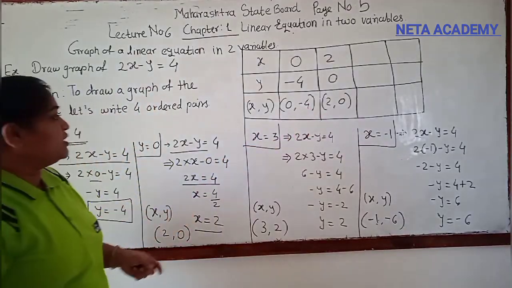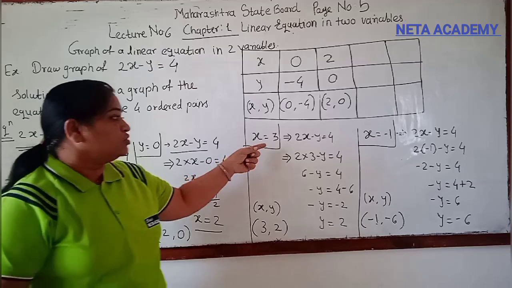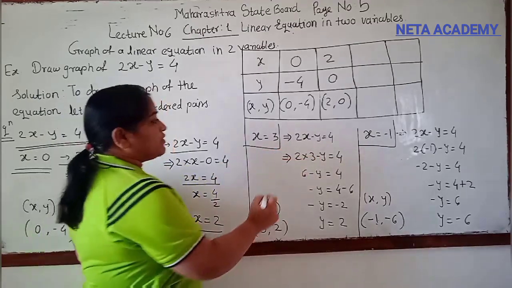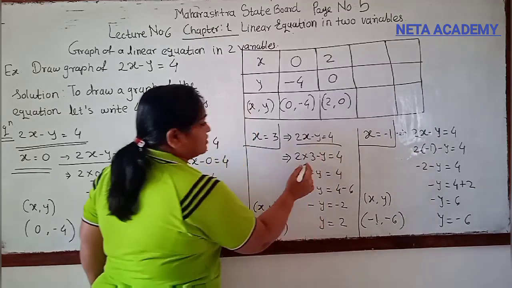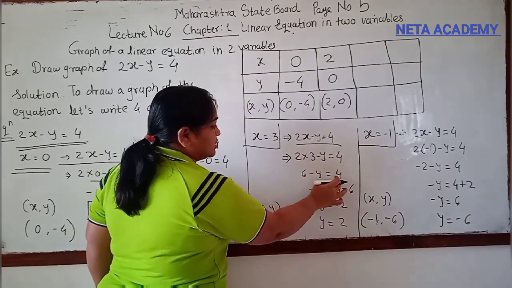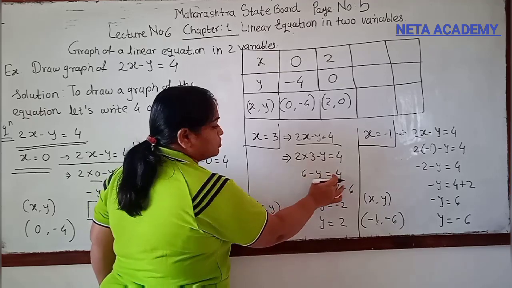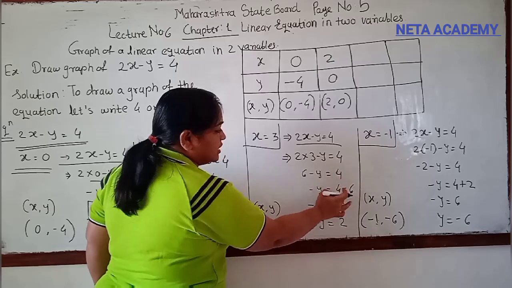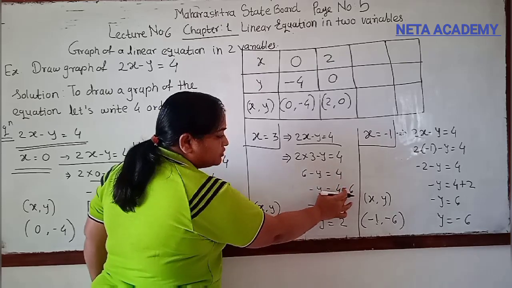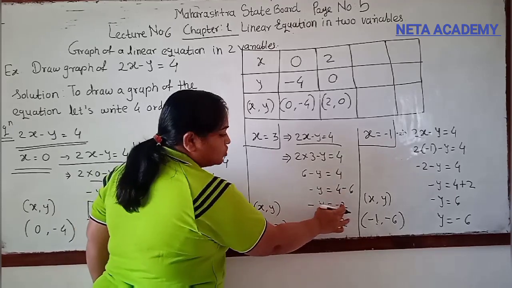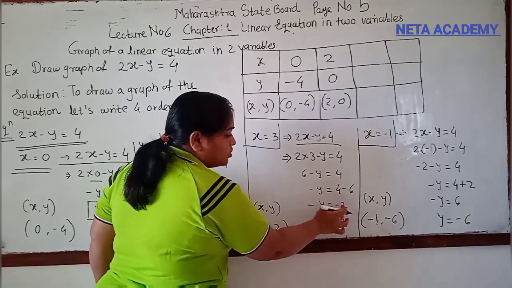Next, if I take x is equal to 3, we need to find the value of y. If I put the value of 3 in the given equation, 2 into 3 is 6, minus y, and this is 4. So 6 minus y is equal to 4. Minus y is equal to 4 minus 6, so minus y is equal to minus 2.